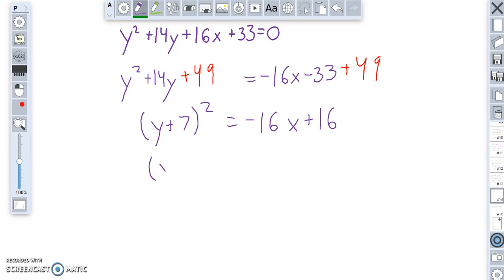If I factor out the negative 16, I get x minus 1. Careful with that minus. This is a parabola with vertex (1, negative 7). Focal length is 4. It opens either left or right because it's got that y squared. I know it opens left because it's negative.